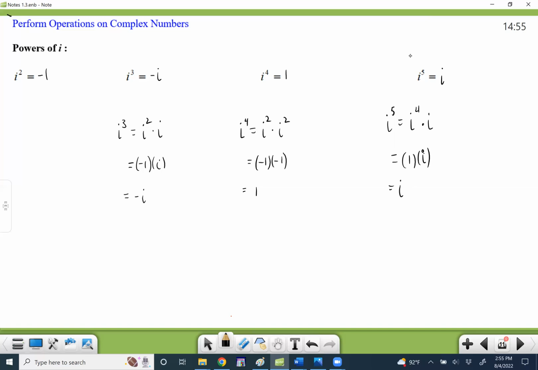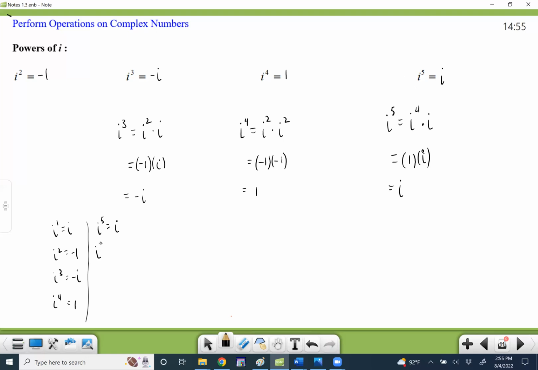Okay, so in other words, i to the first is just i, right? i to the second, negative 1. i cubed is negative i. i to the fourth, 1. Well, it's going to repeat. If you go now, i to the fifth, back to i, we just saw that up here, right?